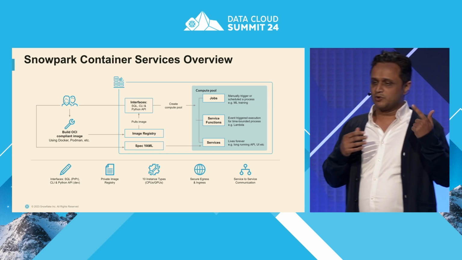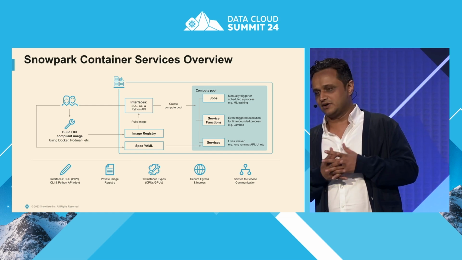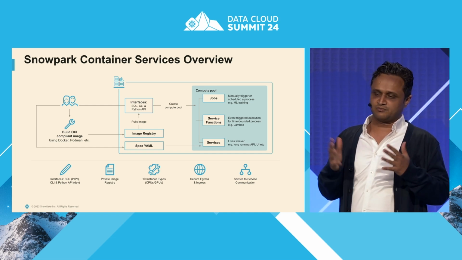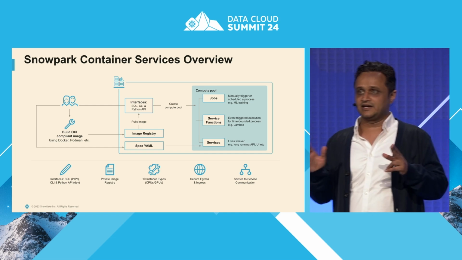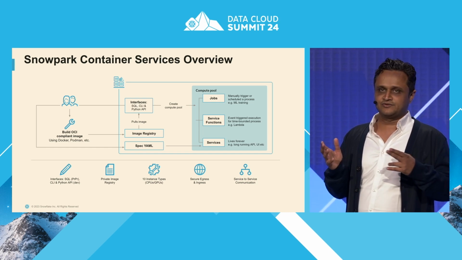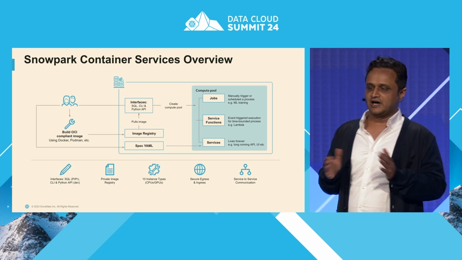Number 1 is jobs, which you can create to manually trigger or structure a process like ML training, or maybe running a DBT job. Number 2 is service functions, which is more event-triggered execution for time-bound processes.